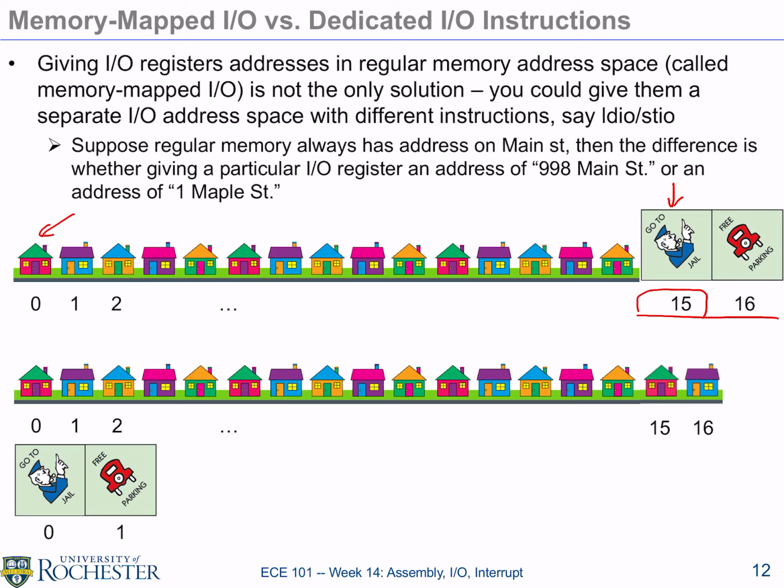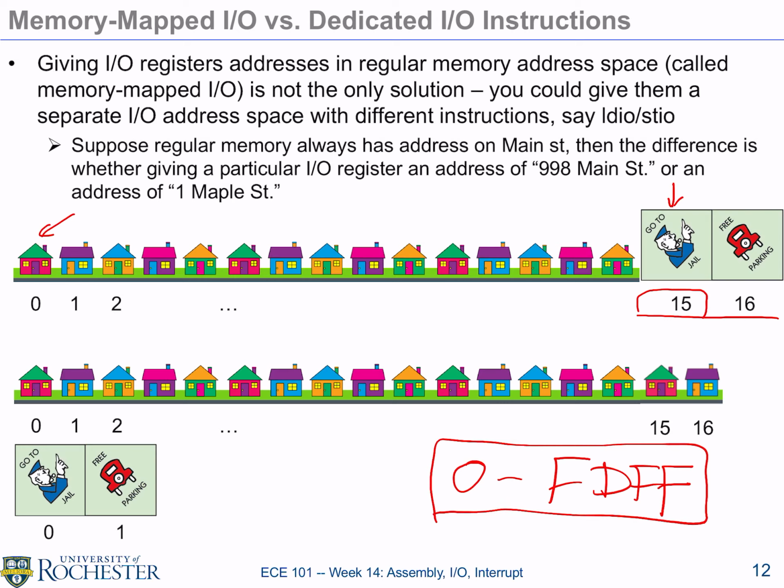In the case of LC3, we have a very large range of addresses, 0 to FDFF, which is a large percentage of it being regular memory, but starting from FE00, that's hardwired to some hardware device. So that's approach one.